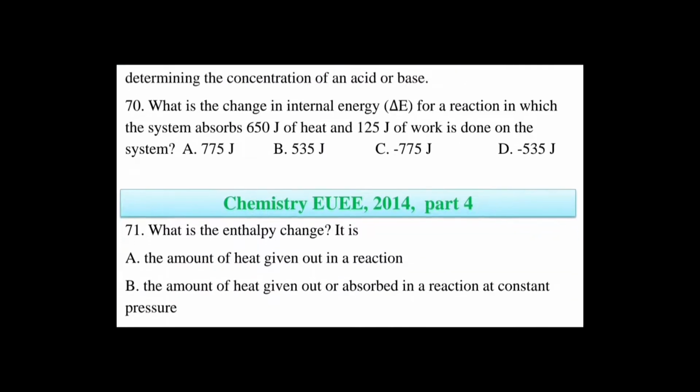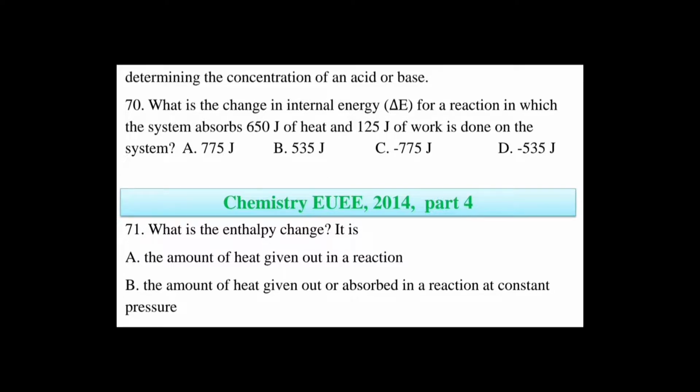Question 70: what is the change in internal energy for the reaction in which the system absorbs 650 joules of heat and 125 joules of work is done on the system?